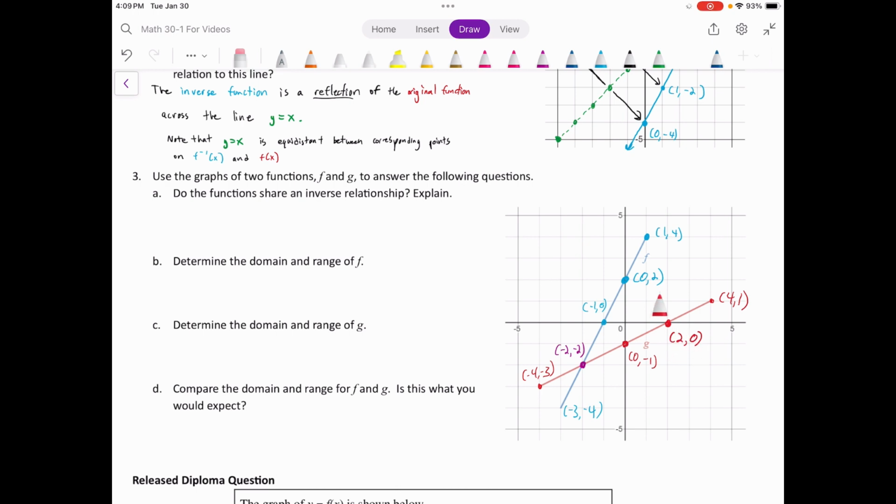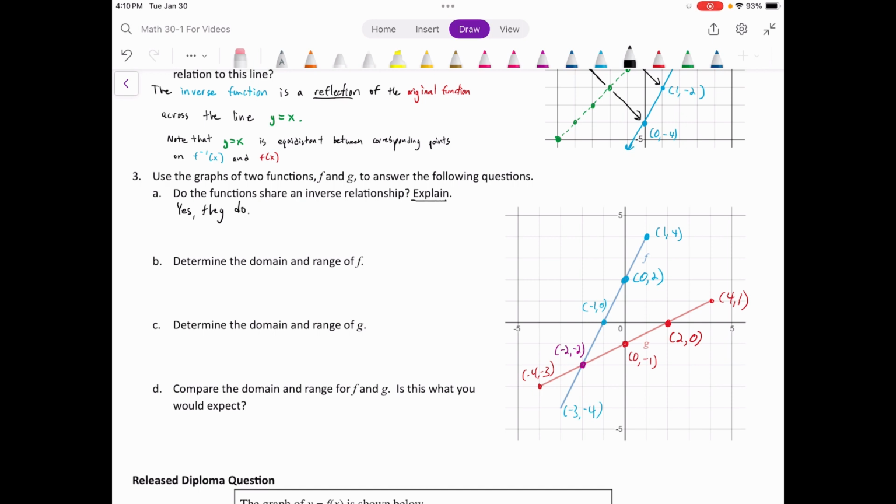Y has become x when we go between these two. So do the inverse functions share an inverse relationship? I would say 100% yes, they do, right? So yes, they do. Now, that is not an answer to this question because they asked us to explain, right?